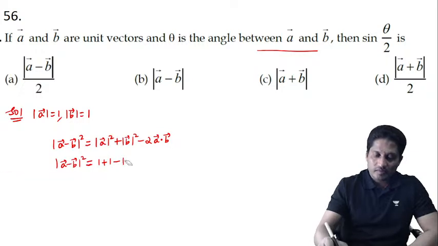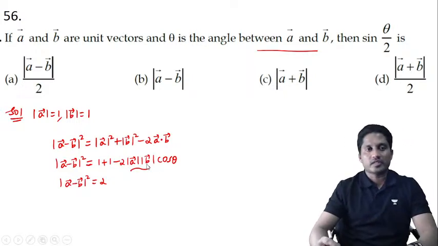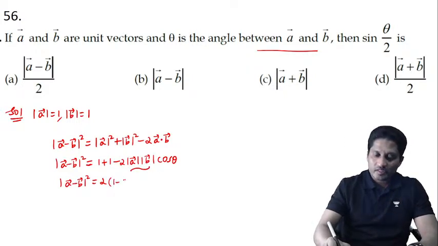So this is equal to 2 times modulus of A into modulus of B into cos theta. Mod of A minus B the whole square is equal to 2 if I take common, mod A mod B is 1 because it is a unit vector, 1 minus cos theta. Modulus of A minus B the whole square is equal to 2 times 1 minus cos theta, which is 4 sin square theta by 2.